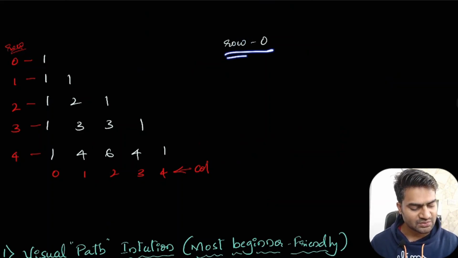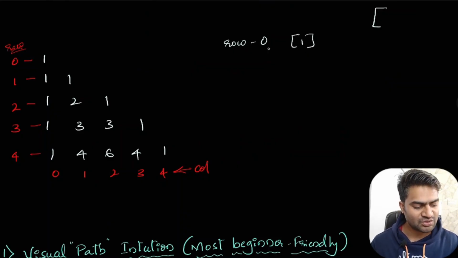When it is row 0, it is simply one value. This is my main result array. When it is row 0, it is only one number, so 0 plus 1, and I will put all the values as 1. So only one number, I will push that here.